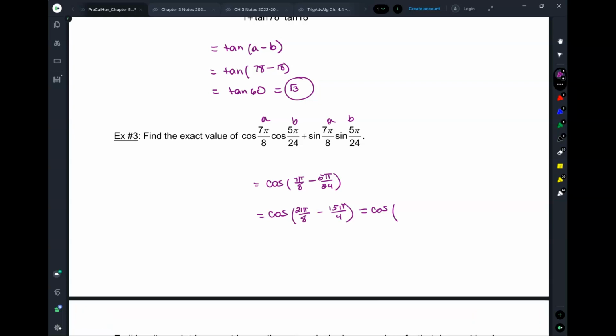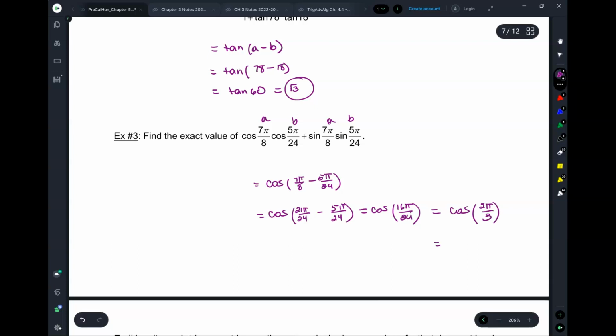Sorry, hang on. This is 5 pi over 24. Sorry, my mind was somewhere else. 21 pi over 24 minus 5 pi over 24 is 16 pi over 24. So cosine of 2 pi over 3, which is how much?